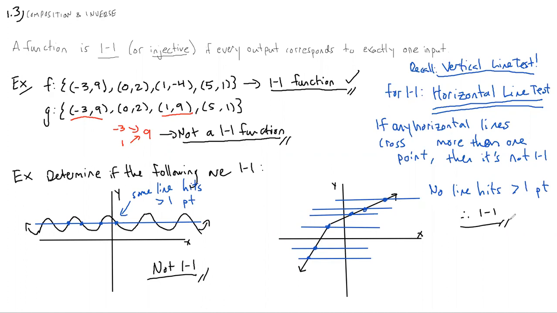Right, so the test's very, very similar to testing whether or not something is a function. Again, the explanation is pretty much the exact same thing. As we can see in this first graph, because this is hitting multiple points, some y value, let's say y equals 2, is corresponding to multiple different x's.